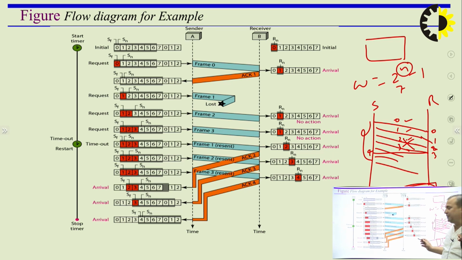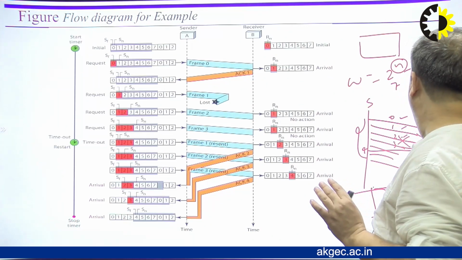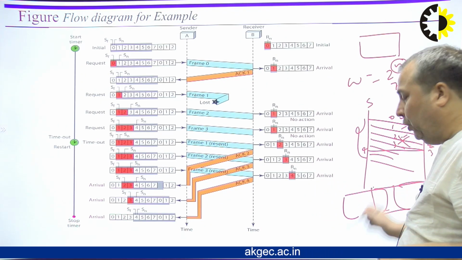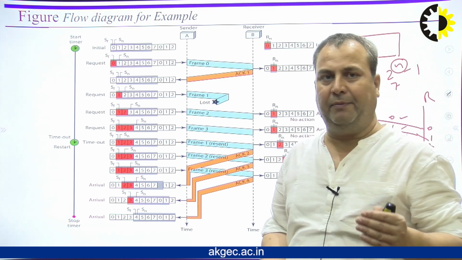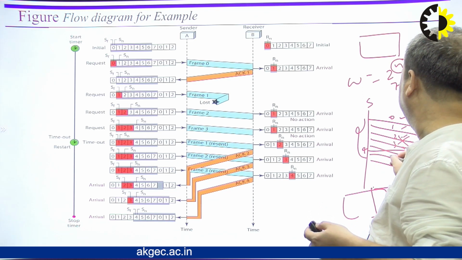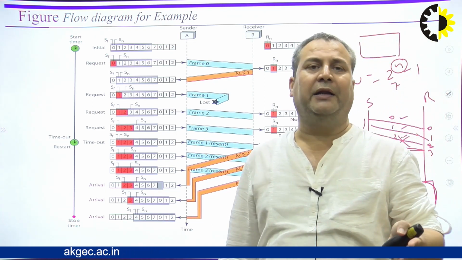If frame 2 is lost, this protocol ensures that frame 3 and frame 4 will not be received. When the second frame, whose sequence number is 2, is retransmitted, till that moment no other frame will be received.